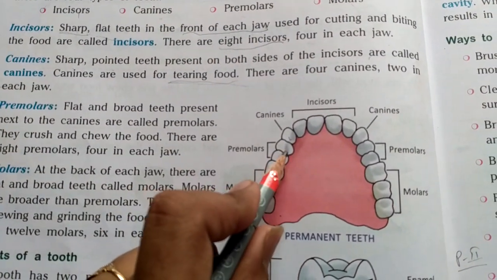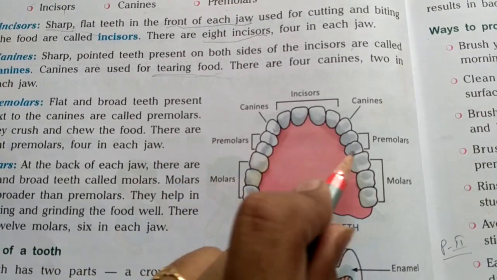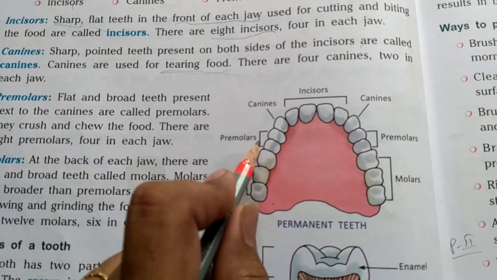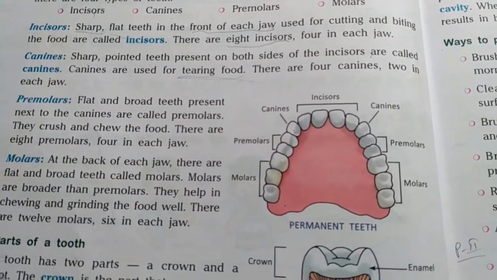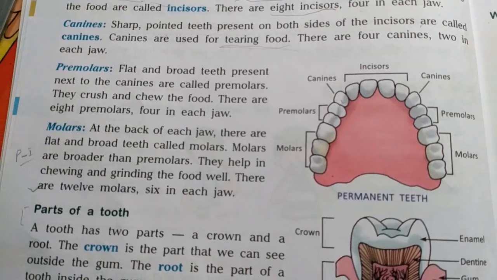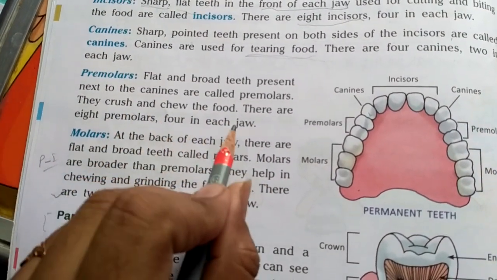As you can see in this picture, this is the canine, and next to the canine are 2 premolars and 2 premolars. That means 4 premolars on the upper jaw, and the same 4 premolars in our lower jaw also. They crush and chew the food.